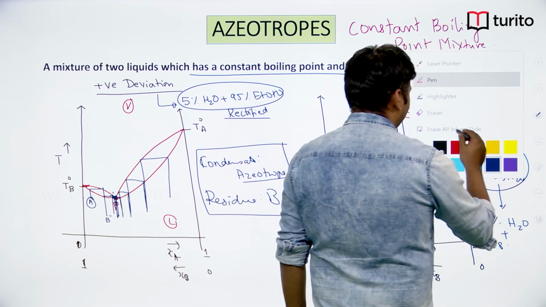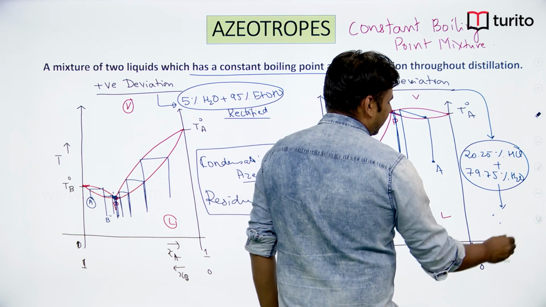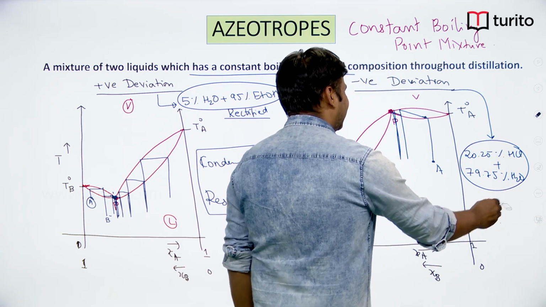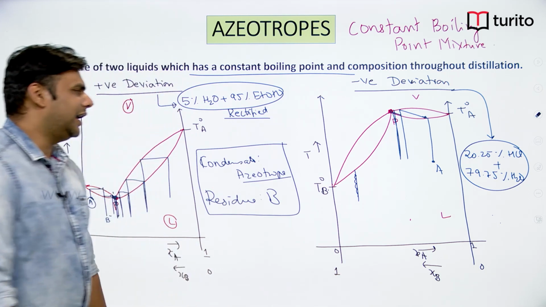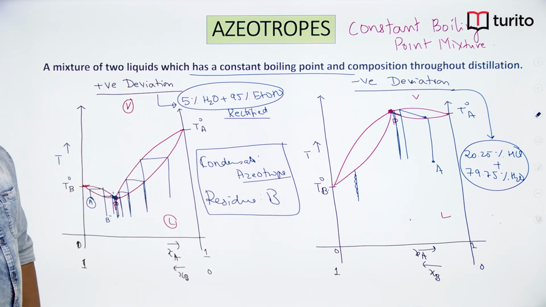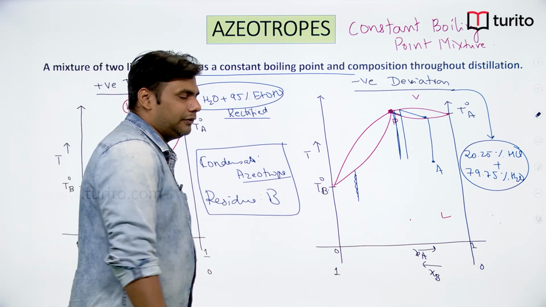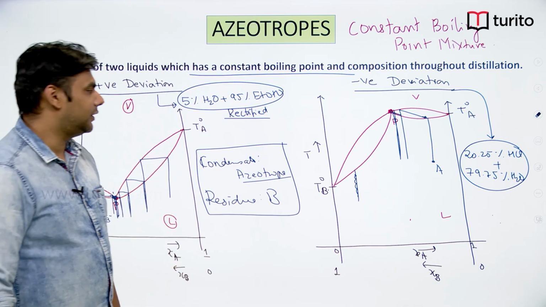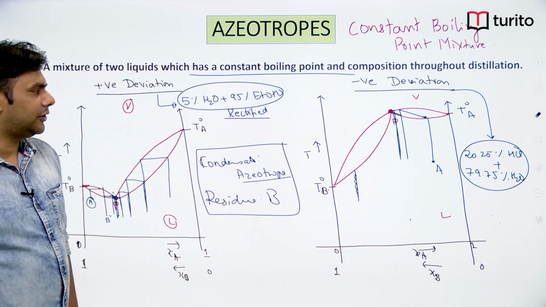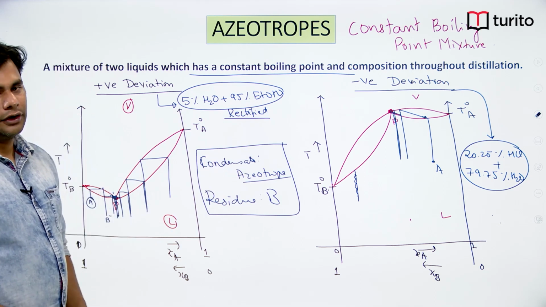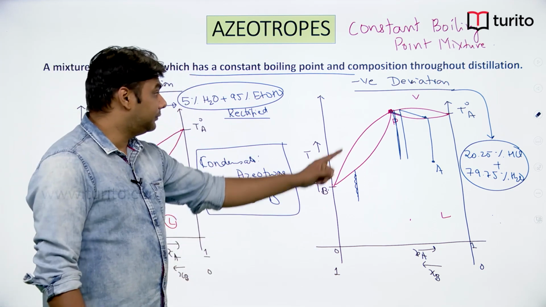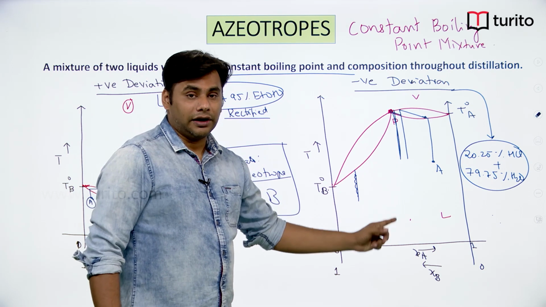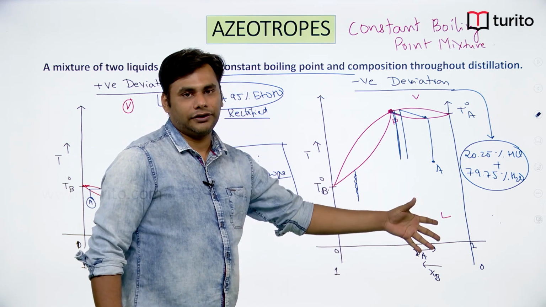I'm not sure about this, so you can just skip it. So I think it is 32% HNO3 and 68% water. 32% by mass HNO3 and 68% by mass water will form a negative deviation azeotrope. So we can understand that azeotropes are formed at a particular concentration. They are not formed at all concentrations.